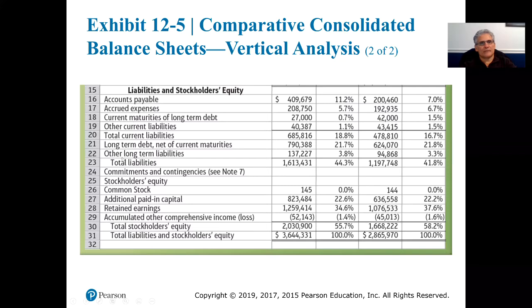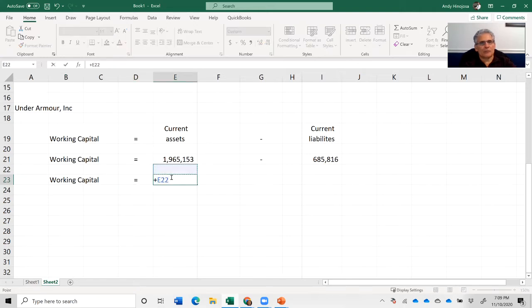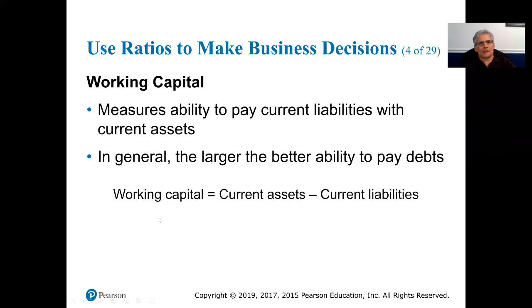Current liabilities, using the spreadsheet listed in this PowerPoint. Current liabilities, total current liabilities, 685,816. So working capital equals 1279337. Working capital equals current assets minus current liabilities.